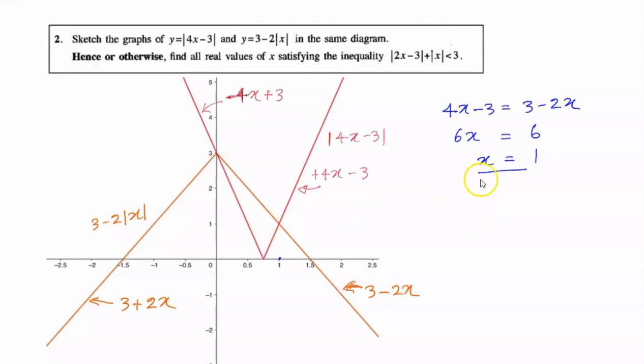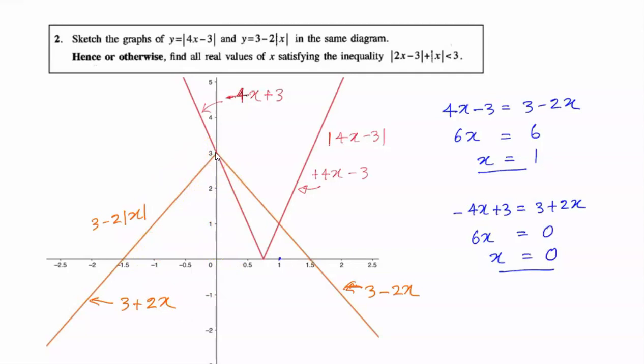So that's 1. And then let's equate this one to this line to get this intersection here. So I get negative 4x plus 3 equal to 3 plus 2x. So I'm going to get 6x equal to 0. So x equals 0. That's my other intersection. So 0 gives me this intersection here.